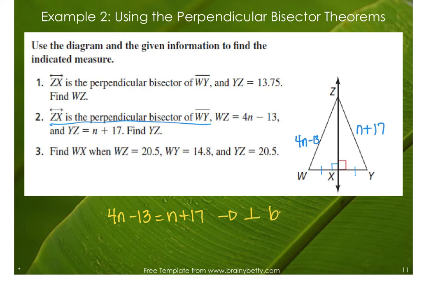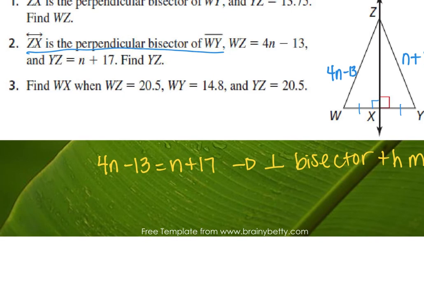Excellent. Perpendicular bisector theorem. Whenever they tell you that something's a perpendicular bisector, that would be the perpendicular bisector theorem. So now, all we do is solve this. We subtract 17 from both sides.